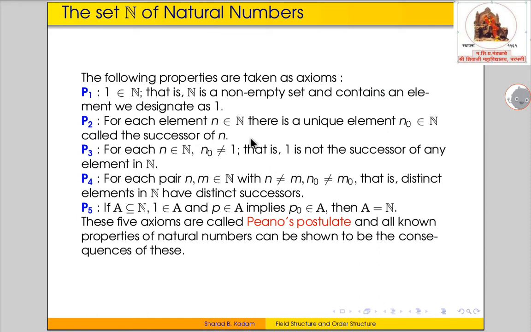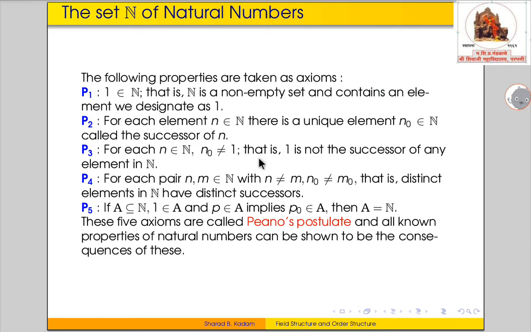Here successor means the natural number coming or appearing after the natural number n. So the successor of 12 will be 13, the successor of 100 will be 101. The next property is P3, and it states that for each natural number n, n0 is never equal to 1.